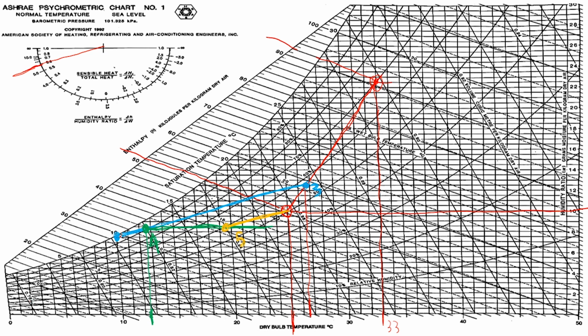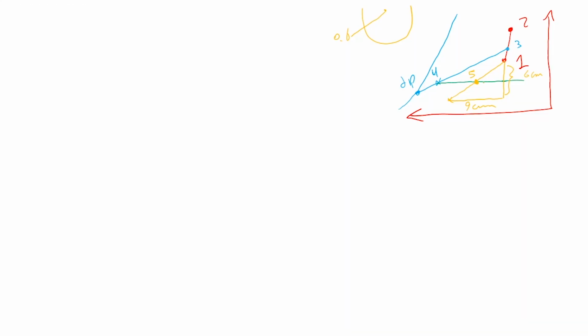We take all the data from psychrometric chart, so we need to take h values for each point. In this case, we have the cooling coil load between H3 and H4. The room load is between H1 and H5. And the heater load is between 0.5 and 0.4.